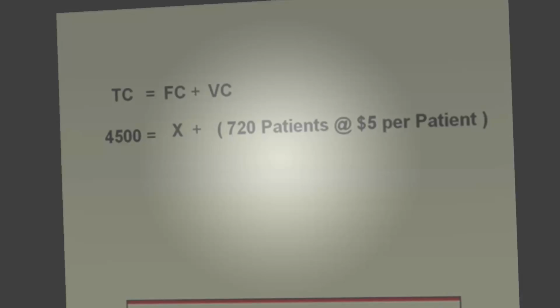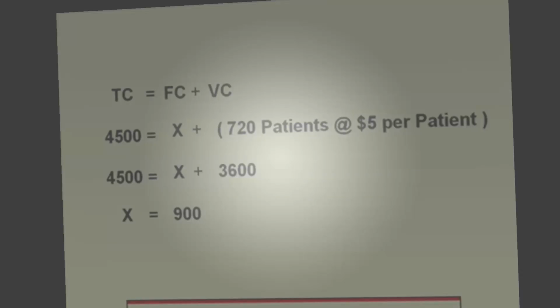At that level, it was 720 patients, and our variable cost was $5 per patient. So total cost of 4,500 is fixed cost, X, plus the variable cost, which is 3,600. Solve for X, 900. So the fixed cost for Laura is $900, and the variable cost is $5 per patient.